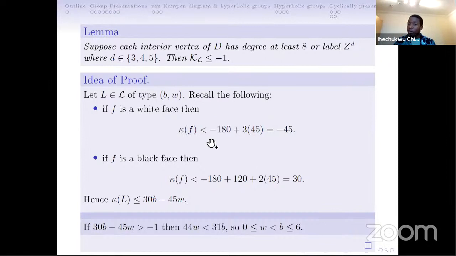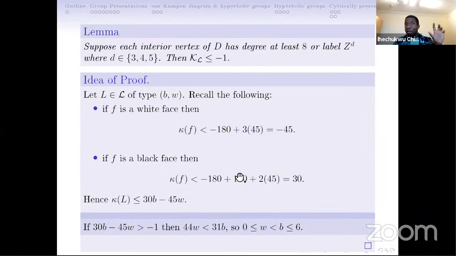And the idea to prove this is that you take an L of type BW, and you recall that if F is a white face, then it has no vertex of degree less than or equal to 7. So the smallest degree of a vertex is 8, and 360 over 8 is 45. And when you do this curvature, you have minus 45. For a black face, we take the maximum value.